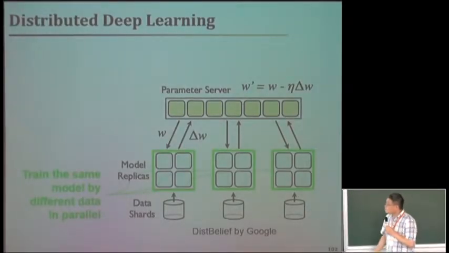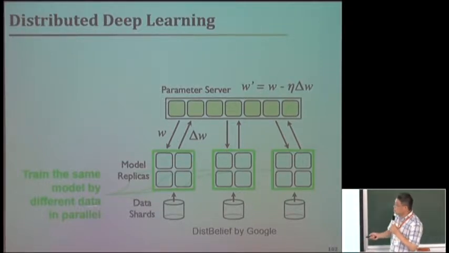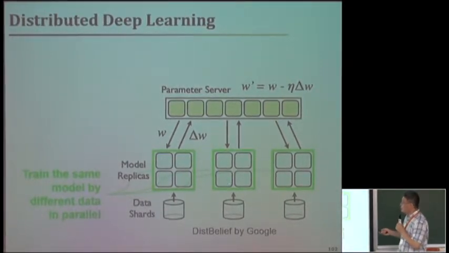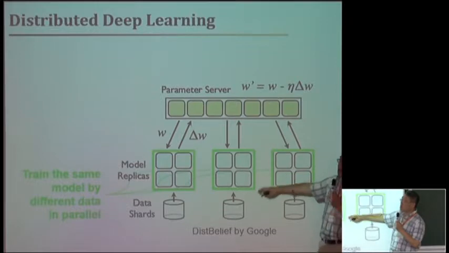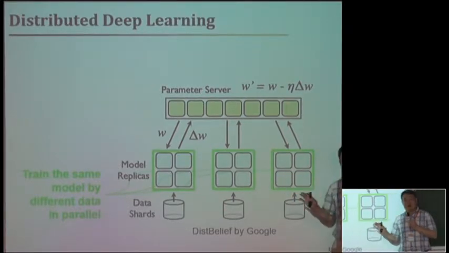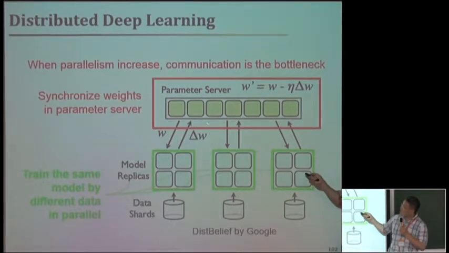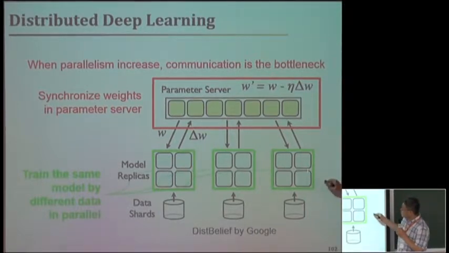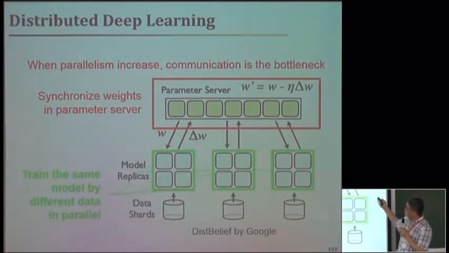So training the model by using different data in parallel is the key to accelerate the whole thing, but it also generates a lot of traffic between these workers and the parameter servers, because we need to synchronize the weight in the parameter servers.